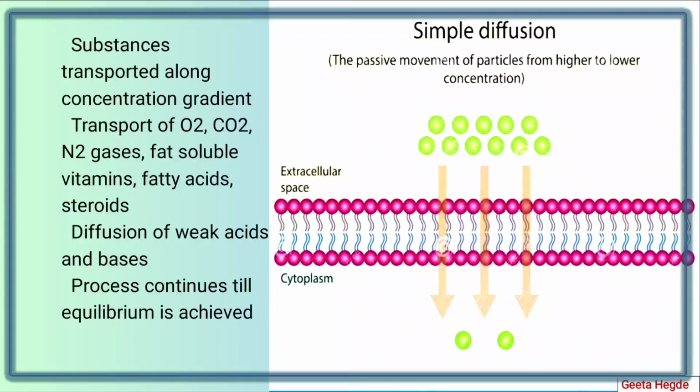Over time, the concentration of the molecules becomes evenly distributed on both sides of the cell membrane. This is known as equilibrium. So, simple diffusion is movement of molecules or ions from an area of higher concentration to an area of lower concentration till equilibrium is reached.